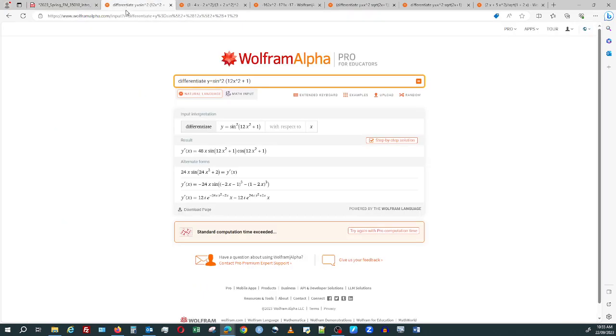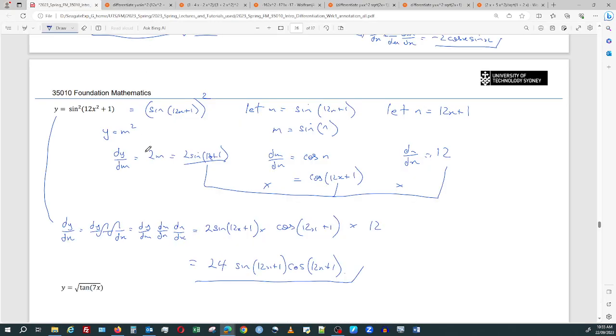So why have we said 12x squared? M squared. So I think we're right. 2 lots of sine 12x times cos 12x times 2.